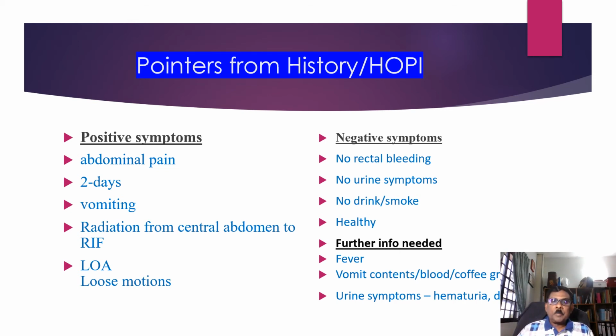The negative symptoms were no rectal bleeding, no urine symptoms, no drink or smoke, and an otherwise healthy man. To get further information, we need fever, vomiting of blood or coffee ground, whether there are any urine symptoms, which is given, there's none.